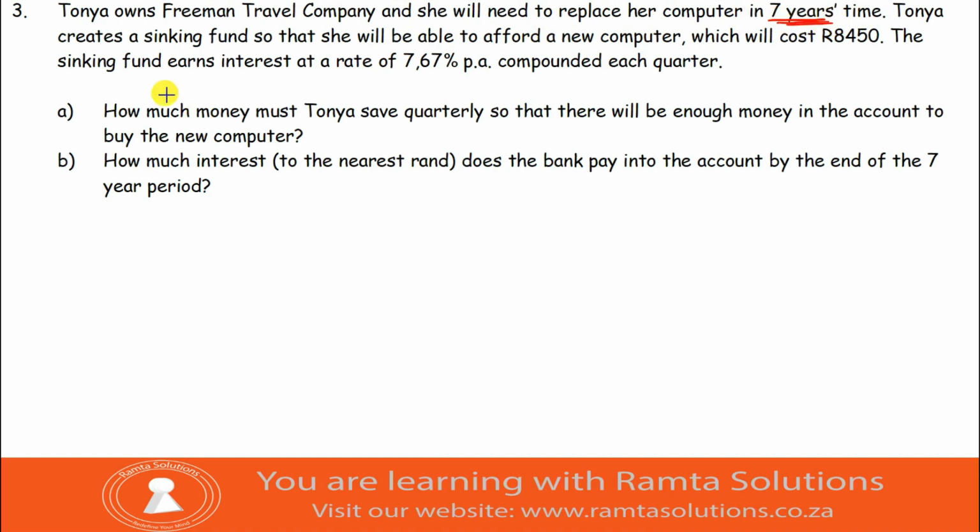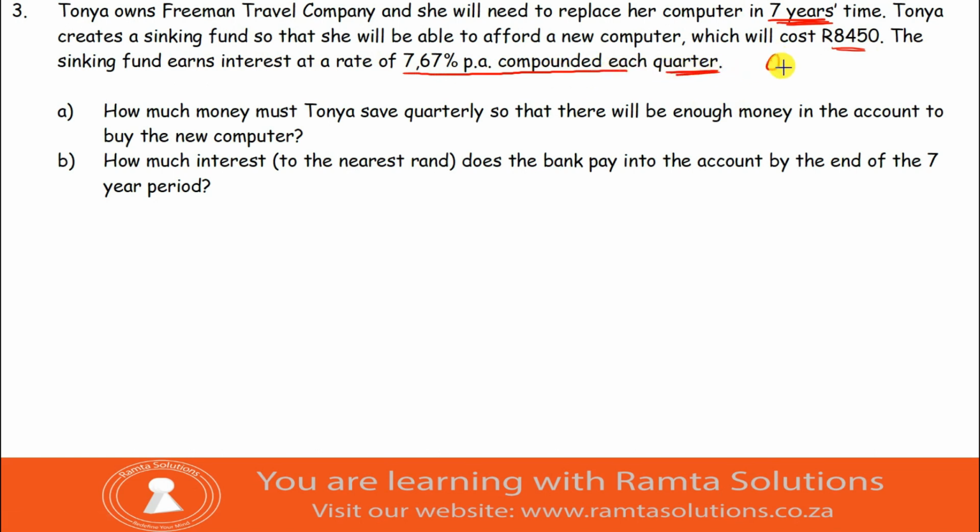Tonya creates a sinking fund. Oh, interesting. Creates a sinking fund so that she will be able to afford a new computer, which will cost 8,450. I am noting it, but please hold. The sinking fund earns interest at, okay, so this is the interest that the sinking fund earns. Remember, this is per quarter.